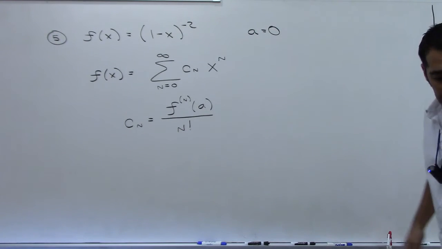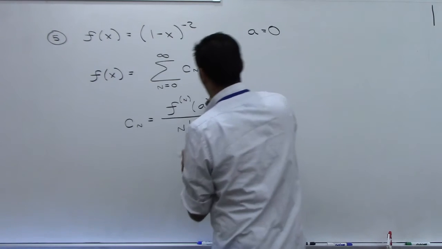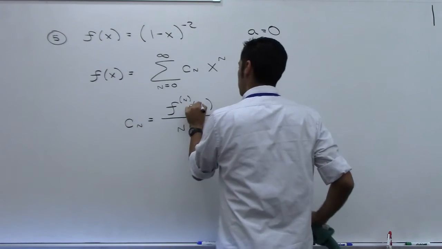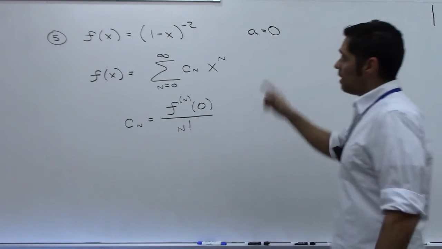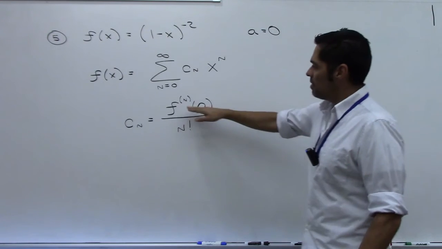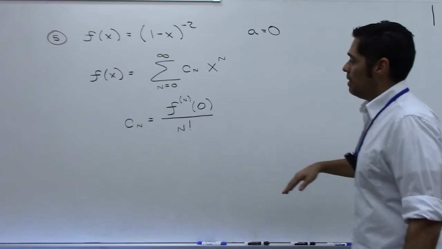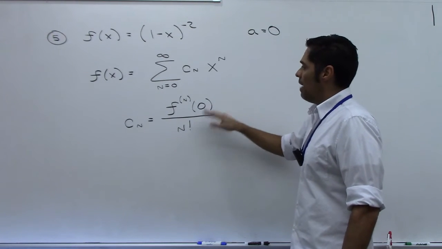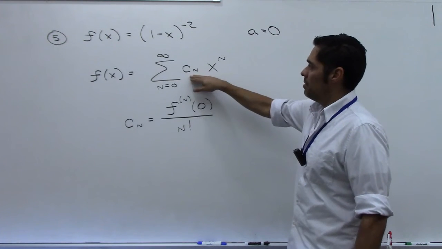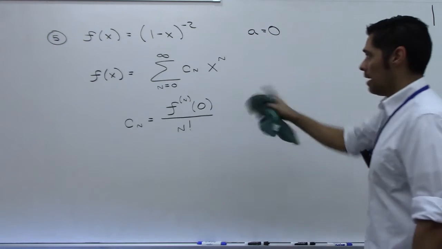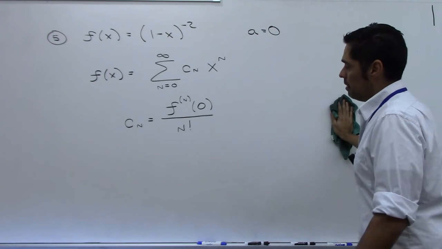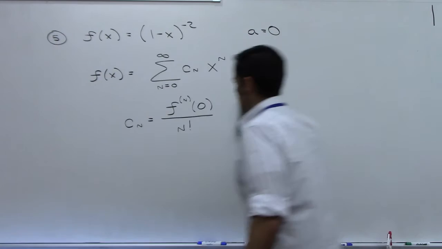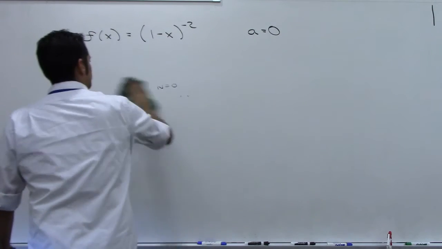And here a is 0 because it's a Maclaurin series, so we can replace that a with 0. So what I need to do is take a look at this function and start taking derivatives of it. As I take derivatives, I compute this value, and that should give me what these c sub n's are. And then I can start writing out the Maclaurin series. So let's try and get these c sub n's.